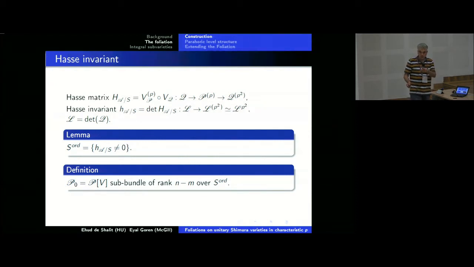So remember this. At the moment, we're only over the ordinary locus. So I'm defining P0 to be this rank n minus m subbundle just over the ordinary locus at the moment.